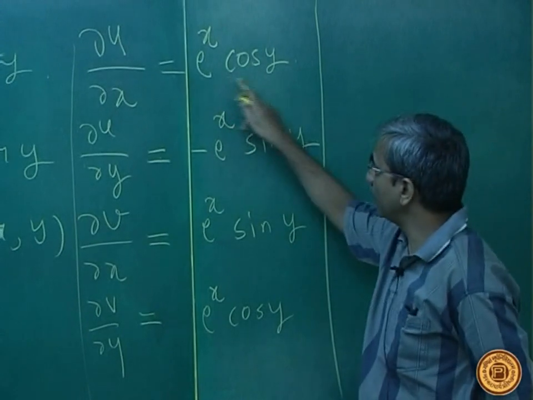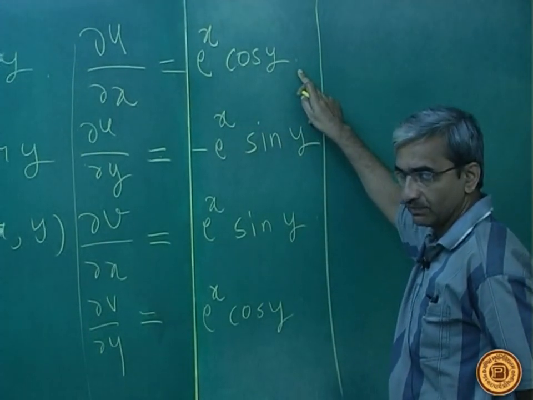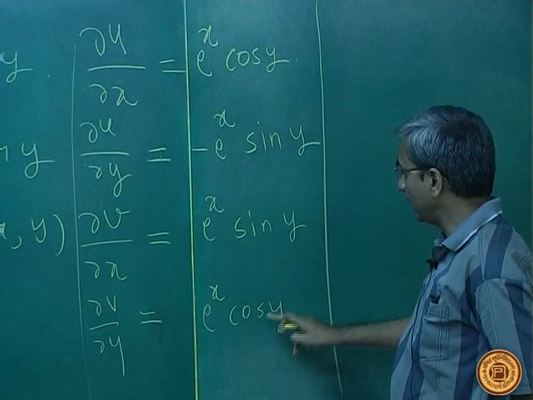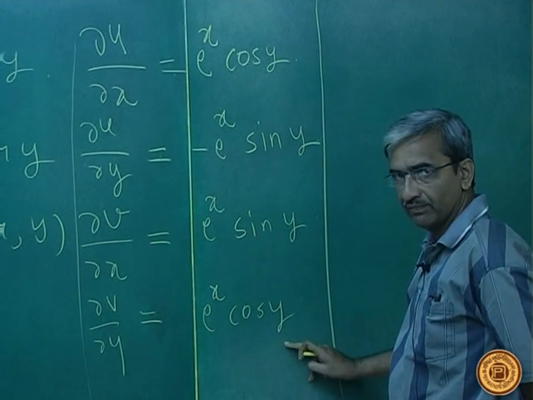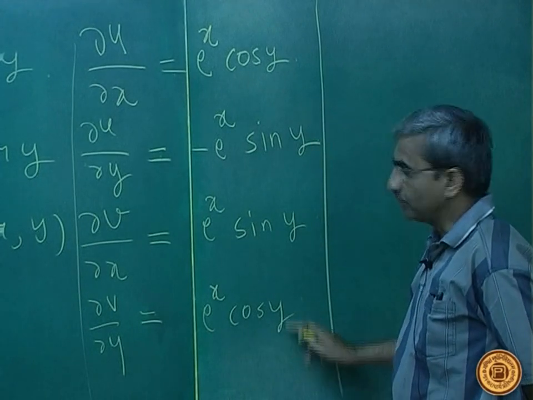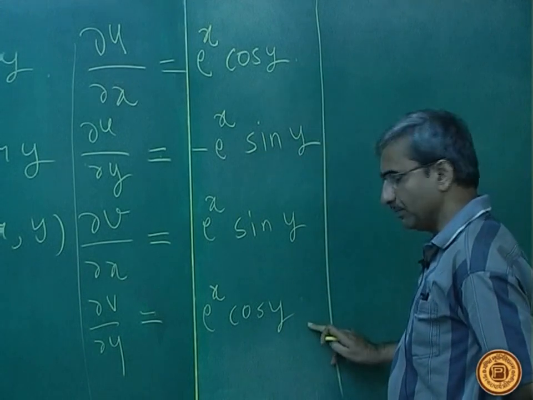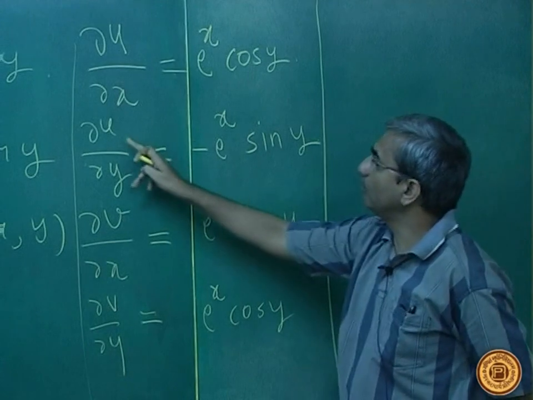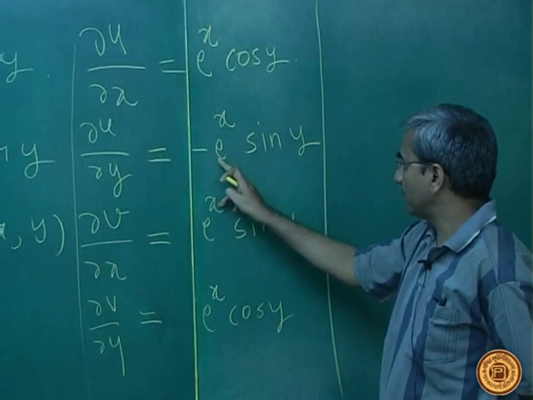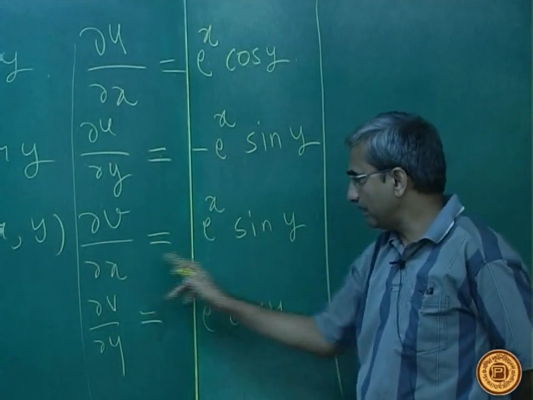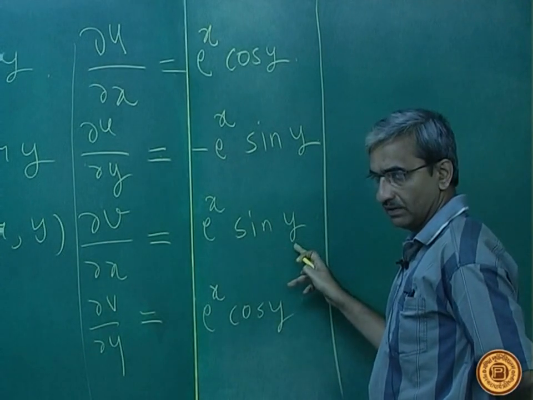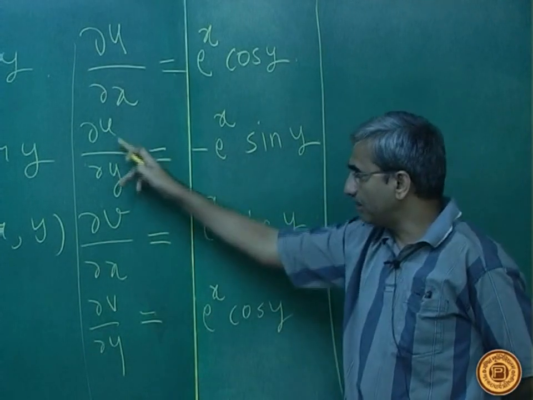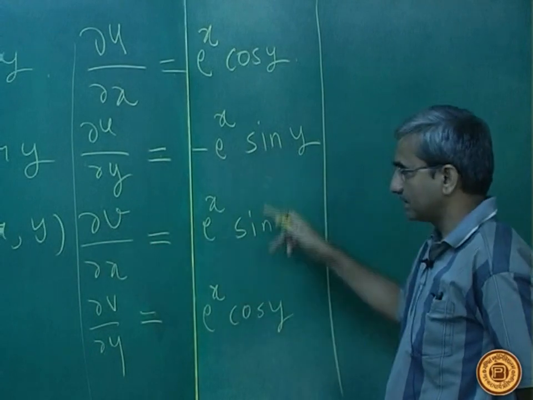So what is ∂u/∂x? e to the power x cos y. What is ∂v/∂y? e to the power x cos y. So do you see that ∂u/∂x is equal to ∂v/∂y? Now what is ∂u/∂y? It is minus e to the power x sin y. And ∂v/∂x is e to the power x sin y. So ∂u/∂y is minus ∂v/∂x.